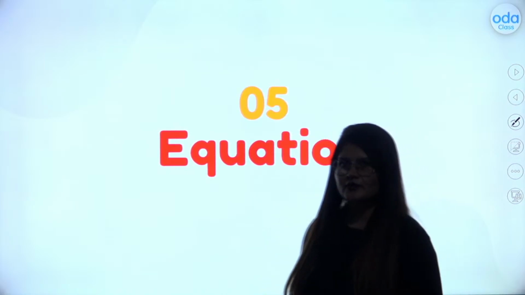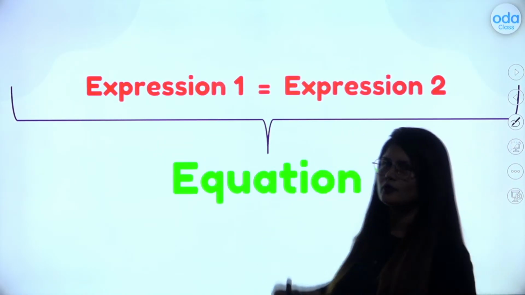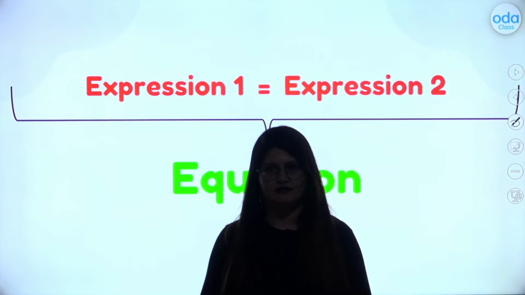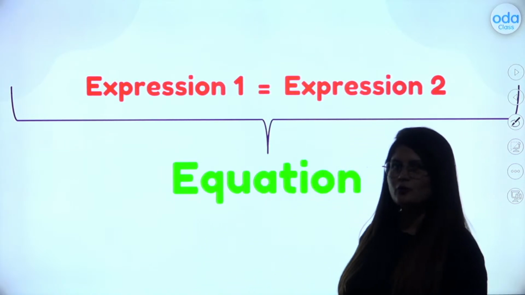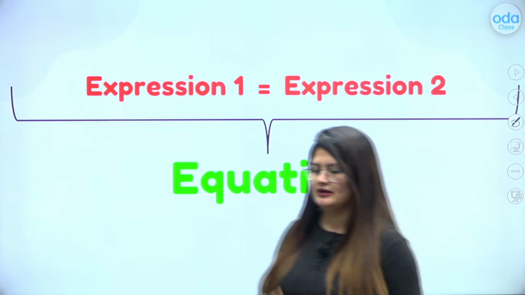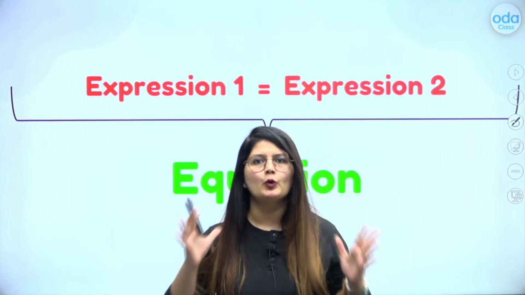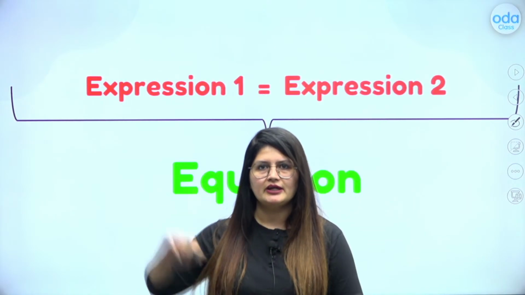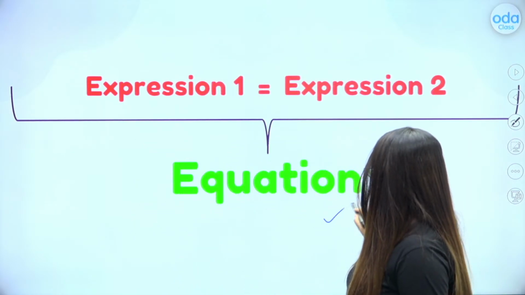They are going to be the two expressions that we have. So if expression 1 is equal to expression 2, we are going to call this whole as an equation.